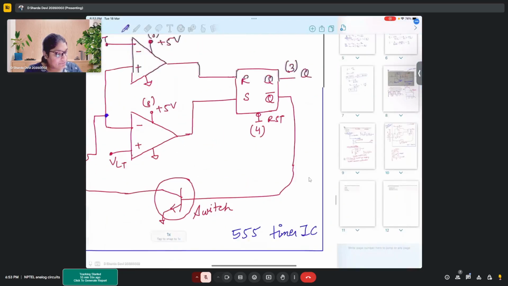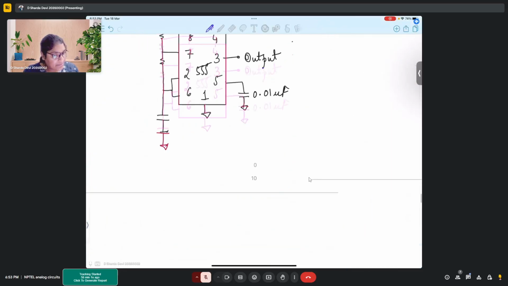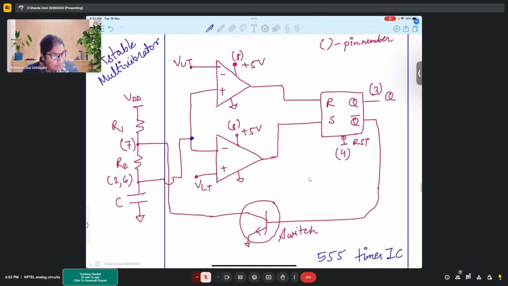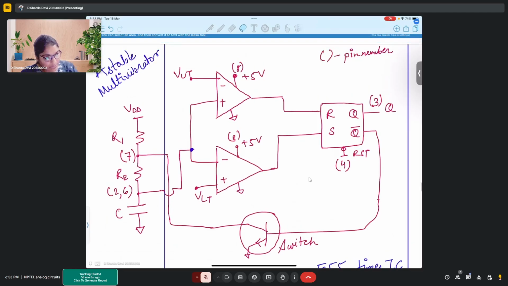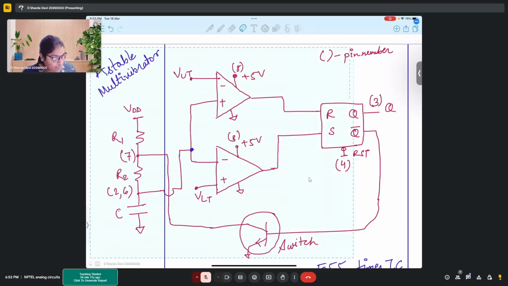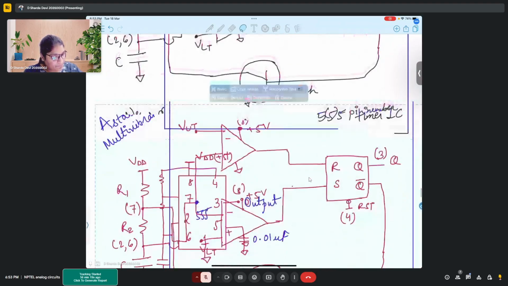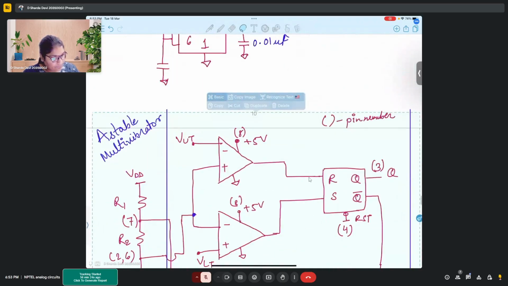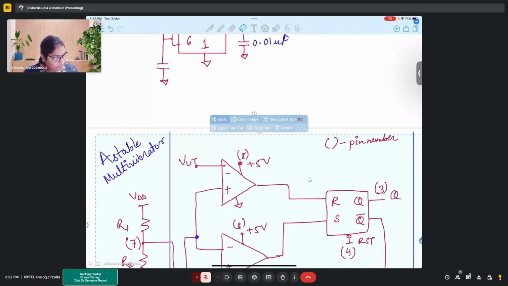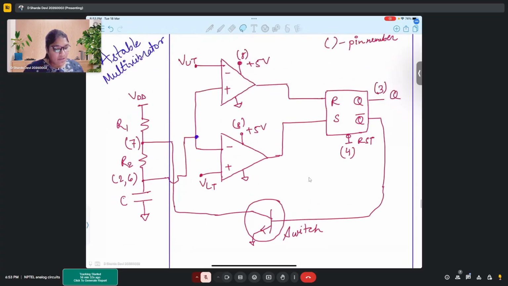Maybe I can quickly draw and show, and we can also discuss what is the difference between the two. Okay. All right.